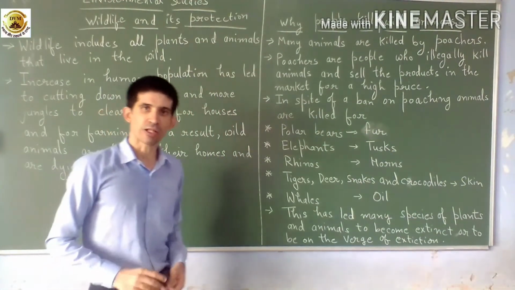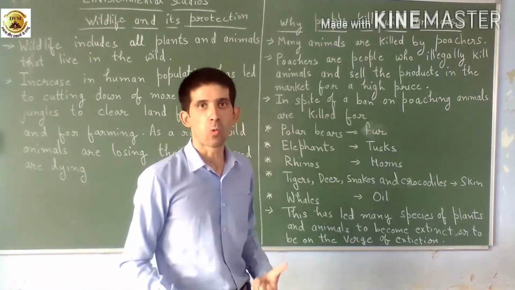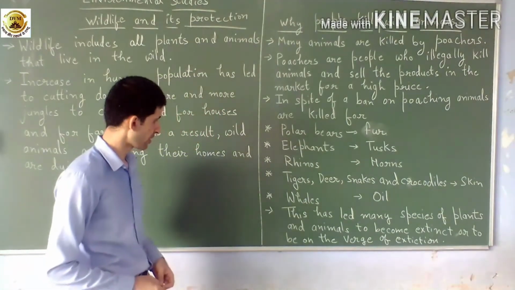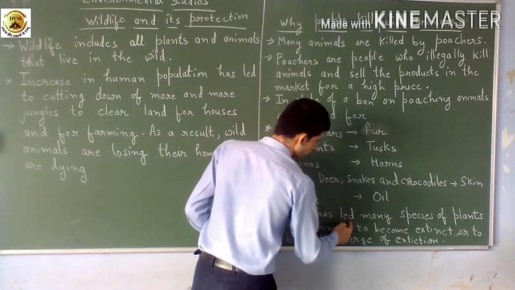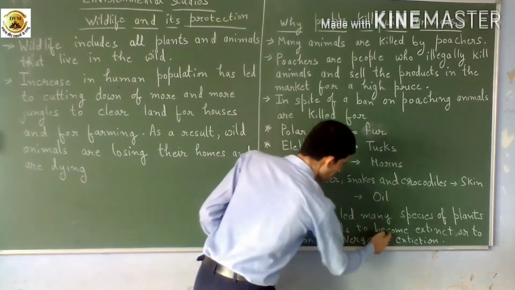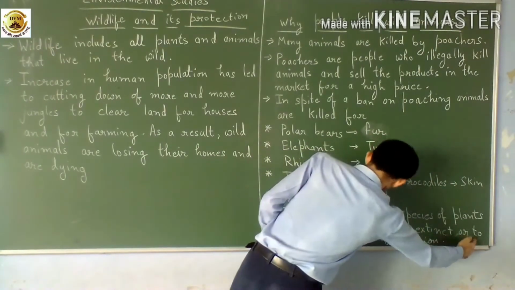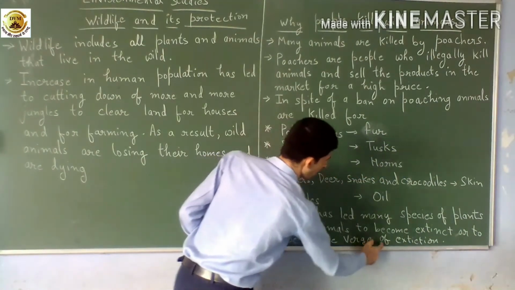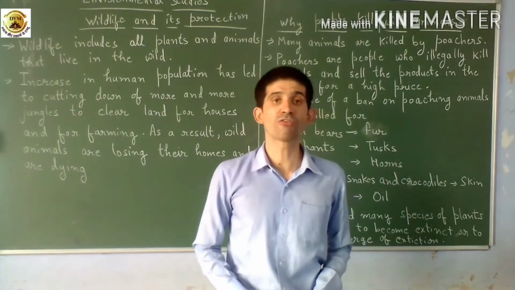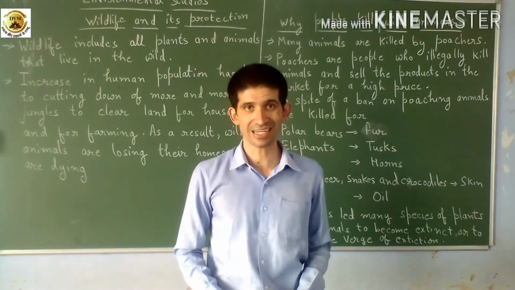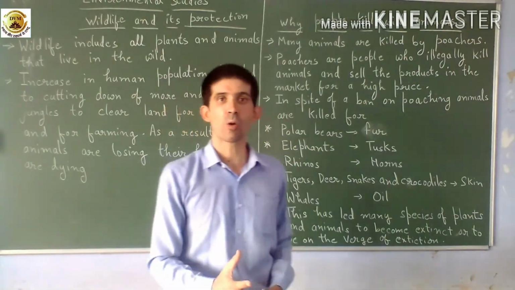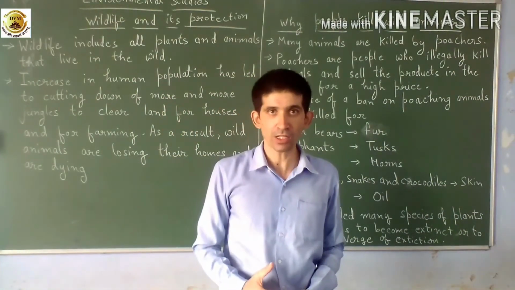Okay? Now let's try to understand what is the result of this illegal killing of animals. This has led many species of plants and animals to become extinct or to be on the verge of extinction. Students, the meaning of extinction or extinct is something which has disappeared or is going to disappear.